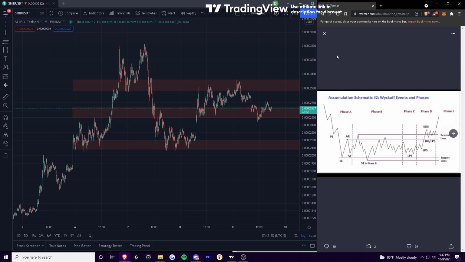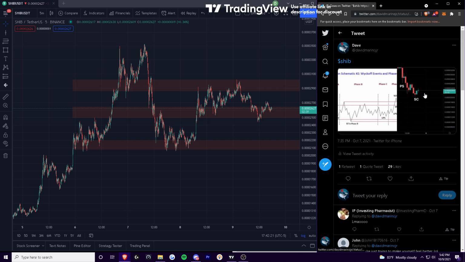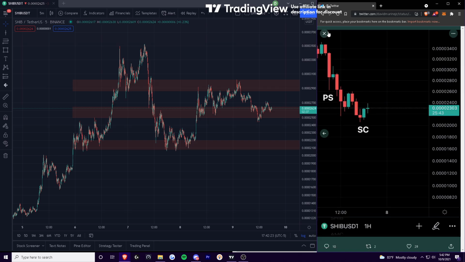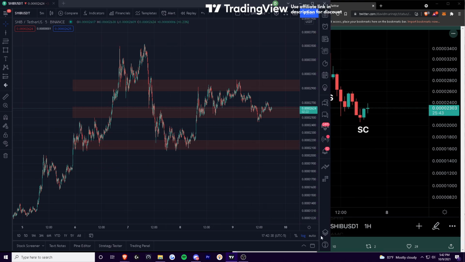First, I tweeted this out. It's the Wyckoff Accumulation Schematic 2, and that was just the example. I tweeted right around here, in the October 7th region, probably late October 7th. I just identified these two spots in the chart. So I'll show you.